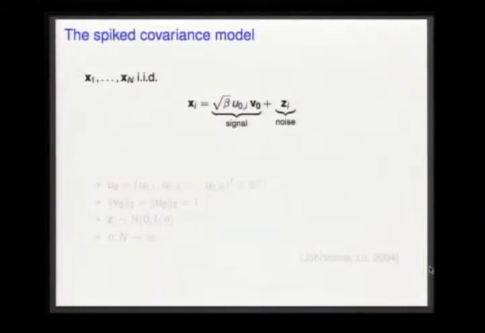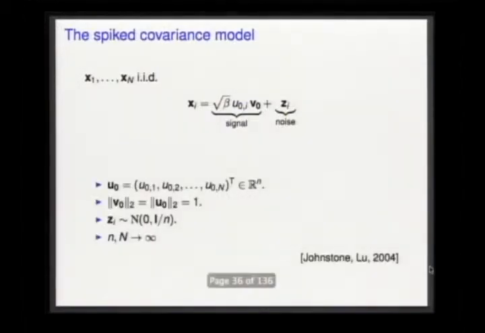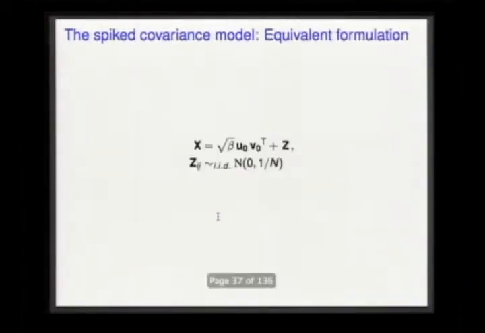The signal is going to be one simple vector, V0, the vector that we want to estimate, and the noise is normalized so that beta represents the signal-to-noise ratio. U0 is a vector that also has L2 norm equal to 1. These normalization choices are made in order to make the model simple and to have beta represent the signal-to-noise ratio.